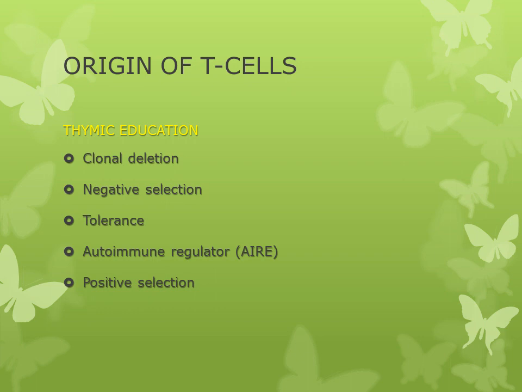Because if they do not react with the major histocompatibility complex, there is no use of these cells in the human body. They will not be able to perform any kind of immune function. So these terms are important. Clonal deletion, negative selection and positive selection are central and very important.